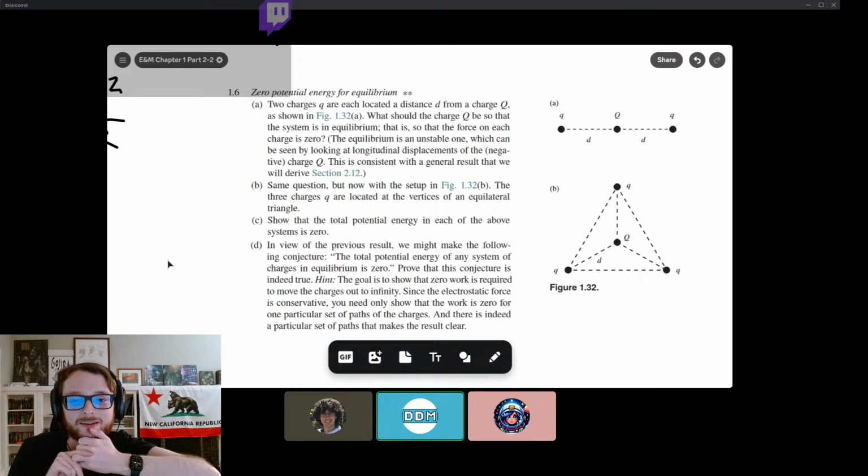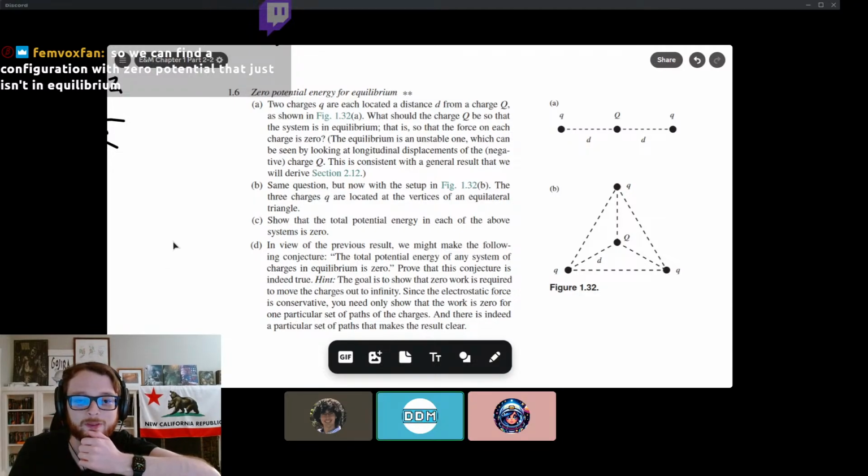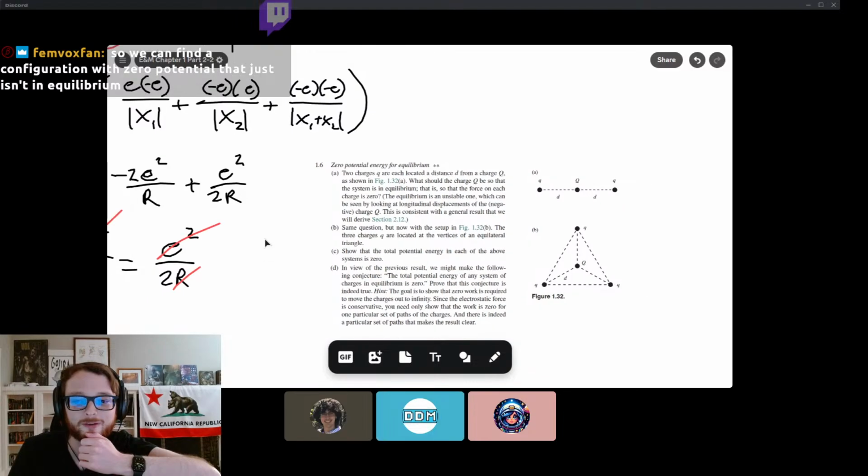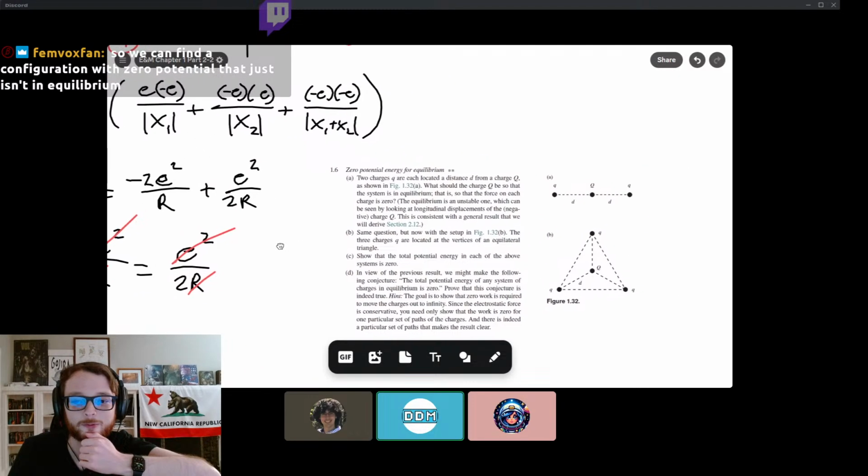Oh, that one's getting what Q should be, so it is an equilibrium. And that, yeah, that was like Q over 4, something, if I remember your work right. Small Q over 4 for big Q.